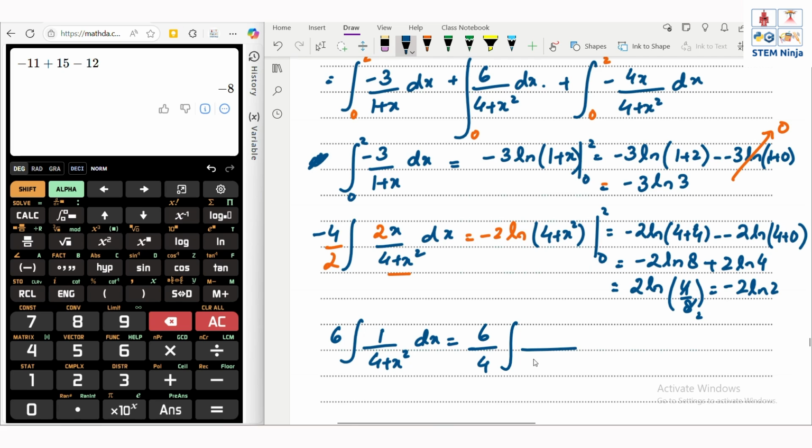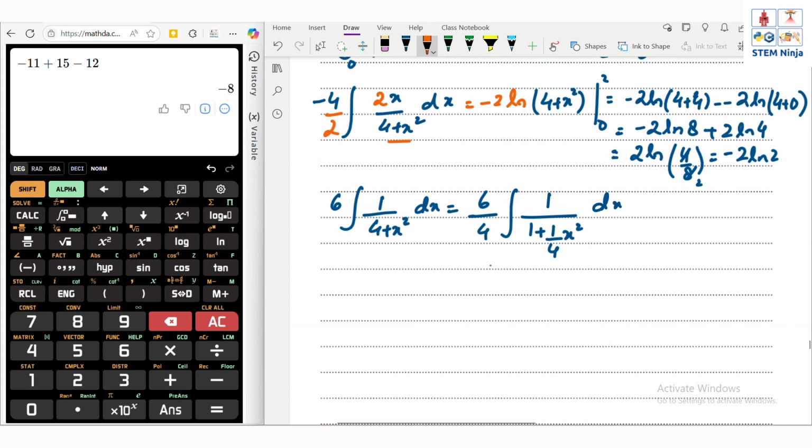So we are left with 1 over 1 plus 1 over 4 x squared dx. However, since we need 1 over 2 over here, what we can do further is multiply this by 1 over 2 here, and then 1 over 2 over here. That leaves us with, now we can do the tan form over here.